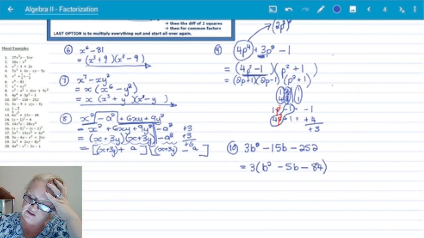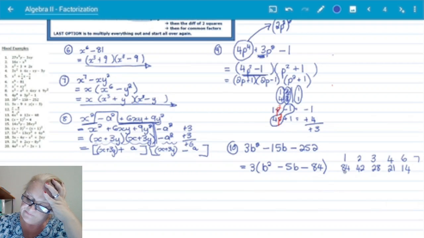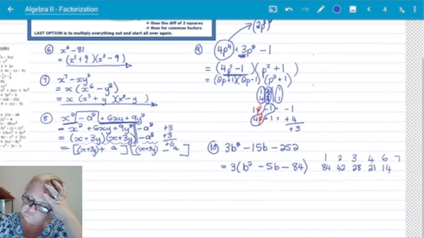So we're going to take the factors of the last guy, 1 and 84, 2 and 42, 3 and 28, 4 and 21, 5 doesn't go, 6 does go, 6 and 14, 7 does go. 7 goes in how many times? 12, right?